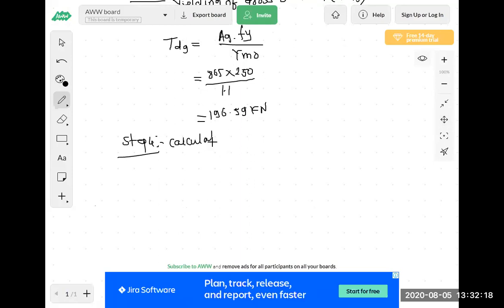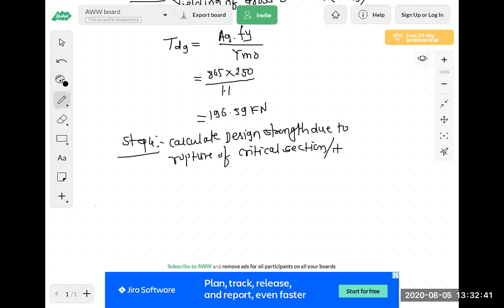Calculate design strength due to rupture of critical section. Rupture of critical section. Critical section is also called the net section, because here we are calculating the net area, so we are calling it the net section.